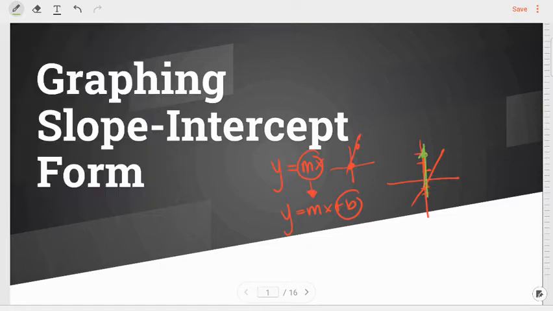It shifted it up and shifted it down depending on what that b value was. If my b value was -1, I ended up with a point at -1. If I had a b value of 2, I need to make sure that one of my points is on the y-axis at 2. But let's go ahead and look at some individual examples.